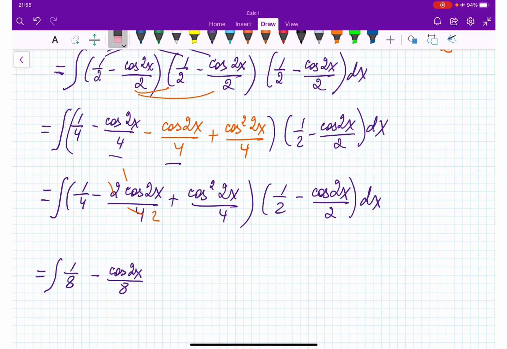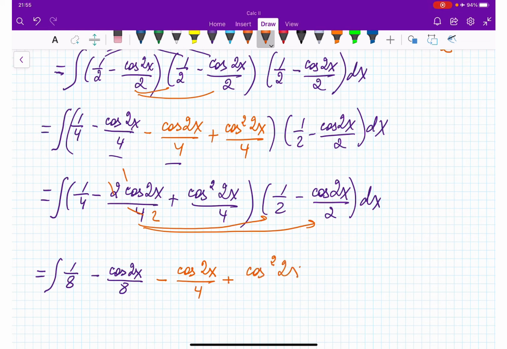Cleaning. Moving to the next one. Multiply by 2, multiply by negative cosine 2x. It's going to be negative cosine 2x over 4, right? And plus cosine squared 2x over 4, right?